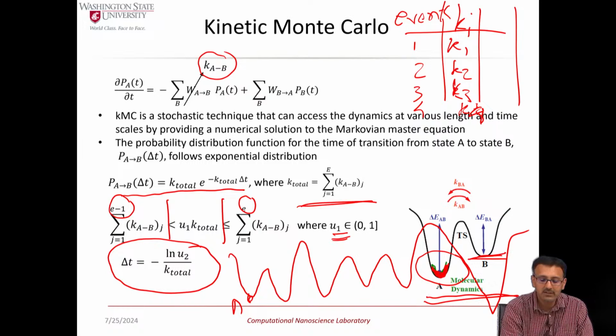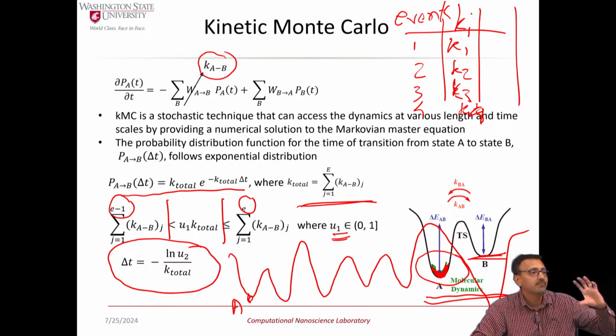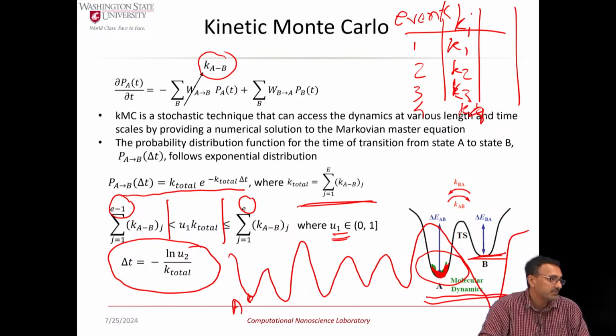So, you are here and you can land up in a certain other configuration, each of which comes with an energy barrier and each of which comes with a prefactor, frequencies of attempt, right? So, it's randomly choosing the next state that your system lands up at in the Markovian walk process. So, that is why it is a stochastic solver.